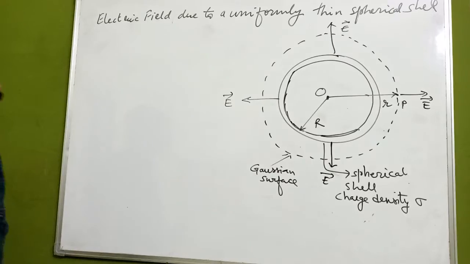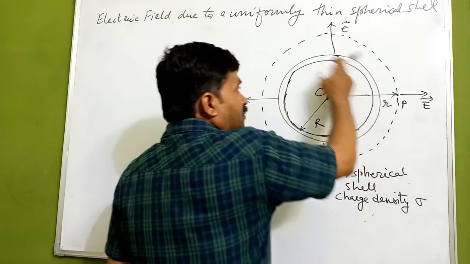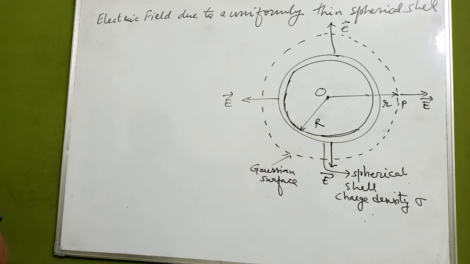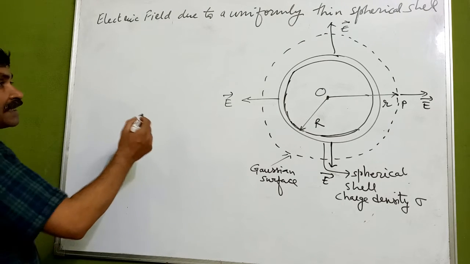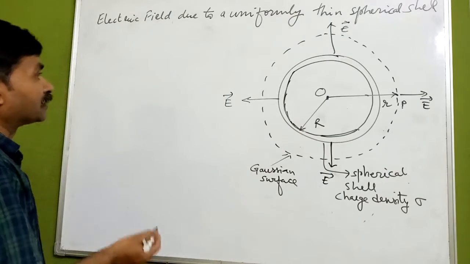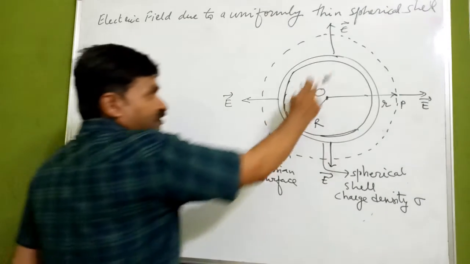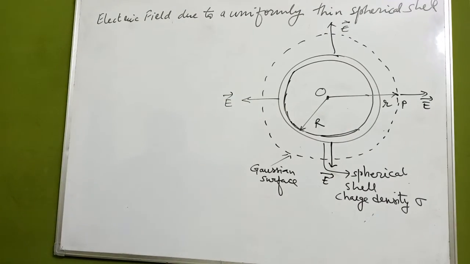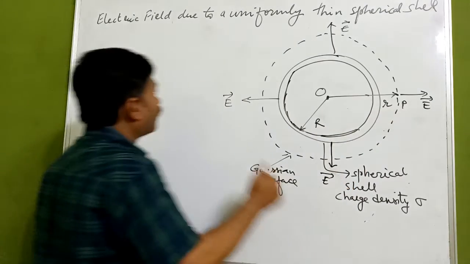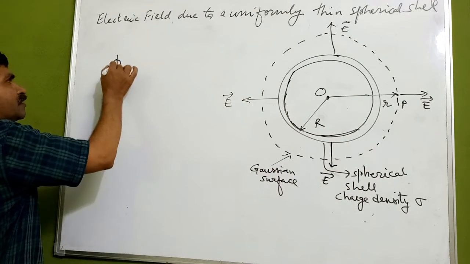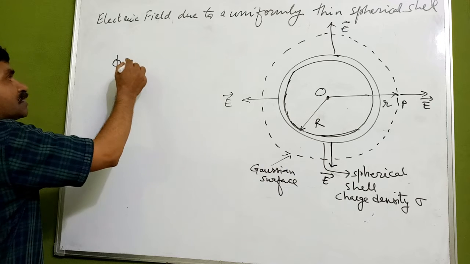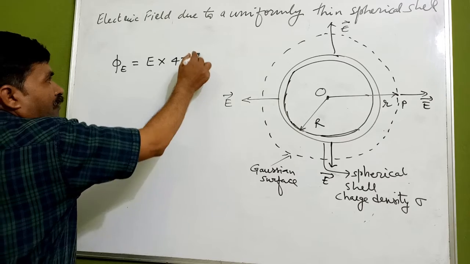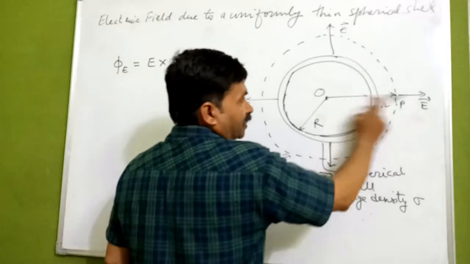Now, the charge density we have taken is sigma, and the Gaussian surface we have assumed. The electric field will be radially outward in all directions. So the total flux passing through this Gaussian surface is given by E into 4 pi r square, where r is the distance of the point P which we have taken.